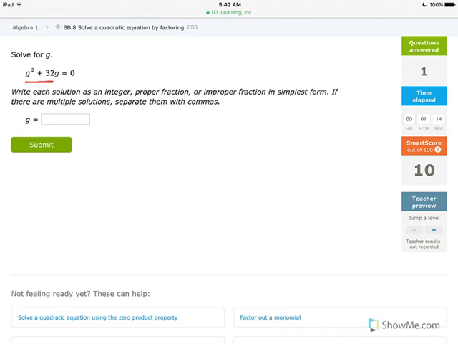You're going to pull a g off of this term and a g off of this term. What's left behind on that first term is a g, because if you distribute it back in, then that's your g squared. When you're factoring something off, you're basically just reversing the distribution.